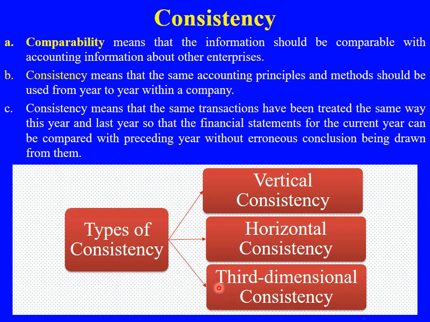That is what we call third dimension consistency, between or among the companies. If two companies are using the same accounting principles, that is third dimension. If more than two companies are using the same accounting principles, then also it is third dimension consistency.